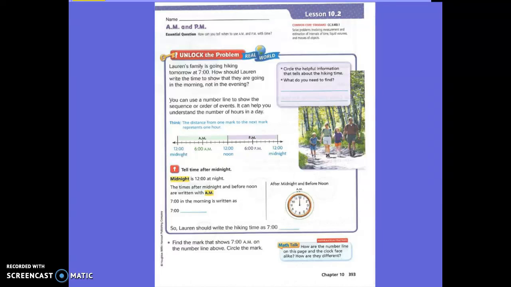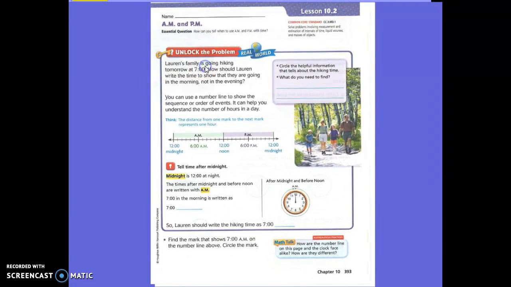Seven o'clock is important, and what else? Anything else? What else is important? 7 o'clock and what, Xander? They're going in the morning. Morning. 7 o'clock and morning are your two important things.